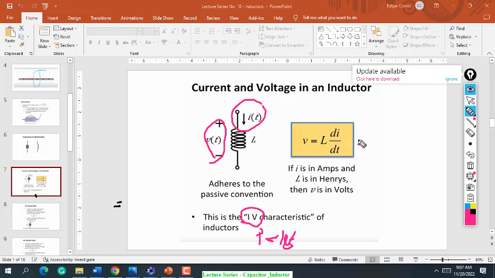Simplified, V equals L di/dt, where di/dt is the derivative of the current with respect to time. That is an inductor.